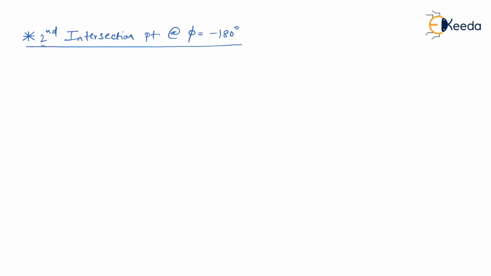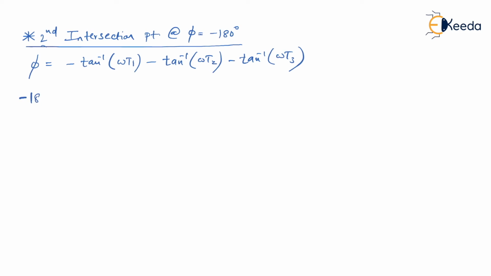So let me write the final expression that I had. Phase is equal to minus tan inverse of omega t1 minus tan inverse of omega t2 minus tan inverse of omega t3. But you know what? This phase value is known to me, which is minus 180 degree.